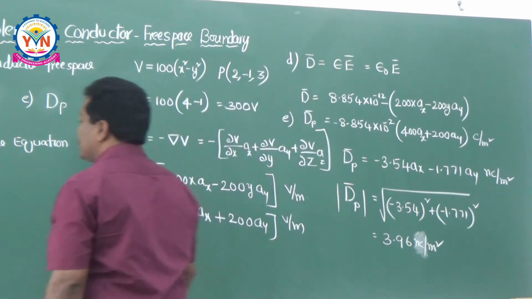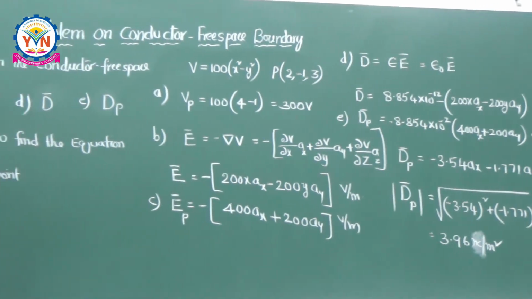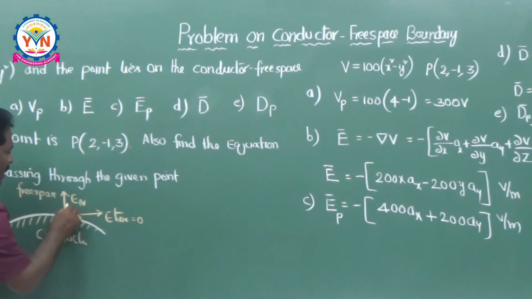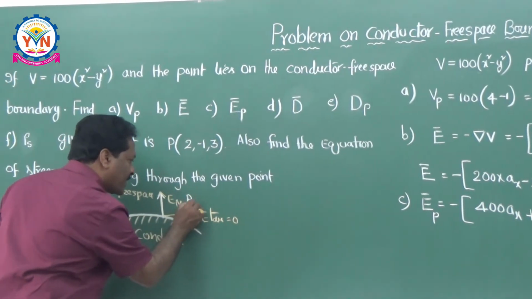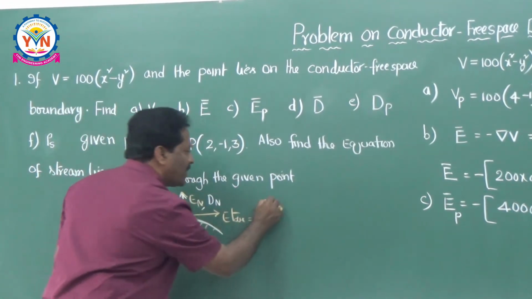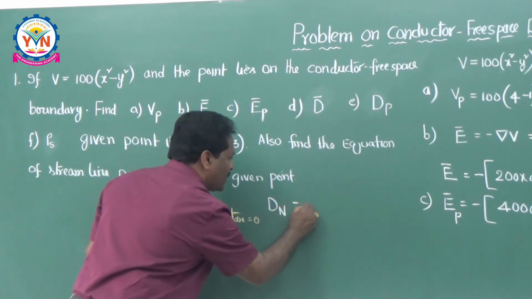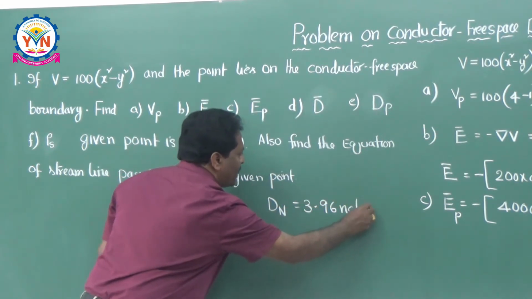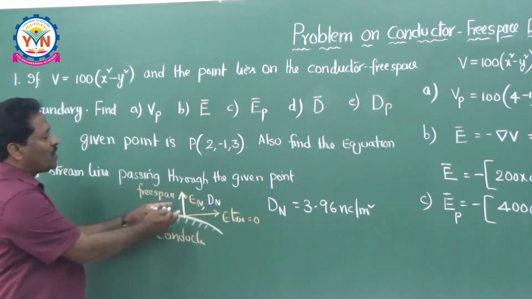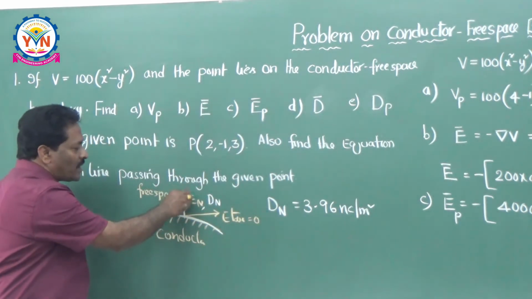If you take this conductor surface, this is En, and Dn is also in the same direction. Just now I have calculated the normal component of D equal to 3.96 nano coulomb per meter square. So what is your Gauss law here?